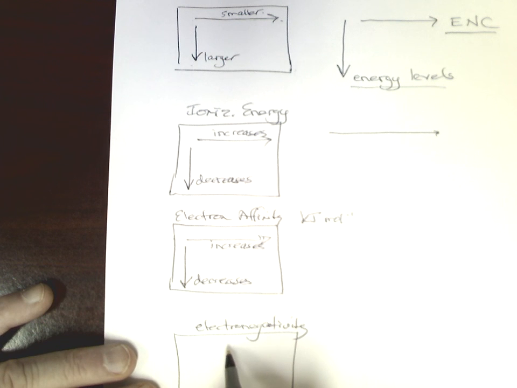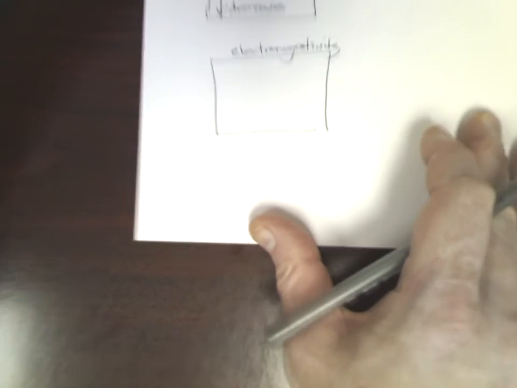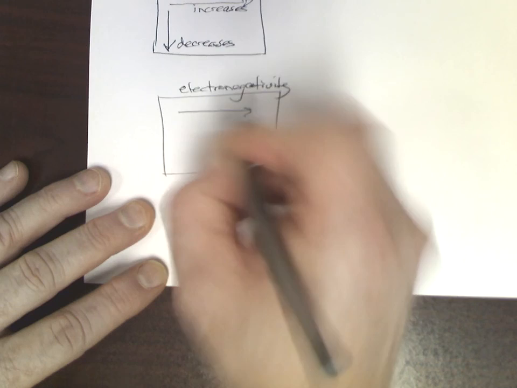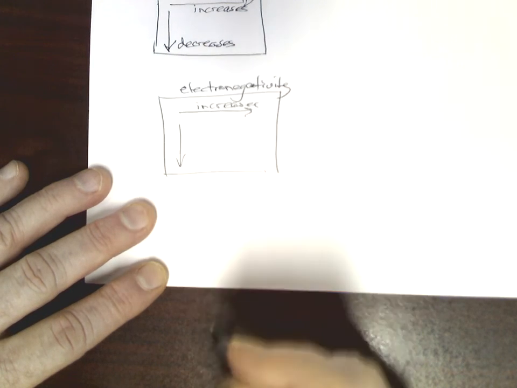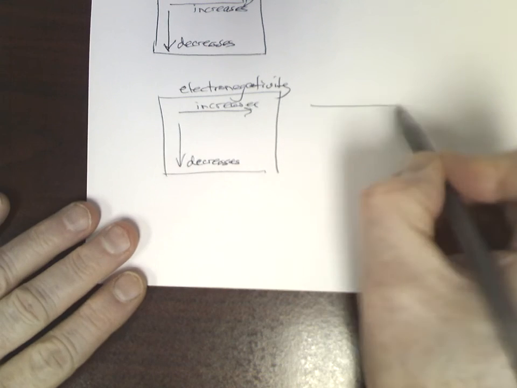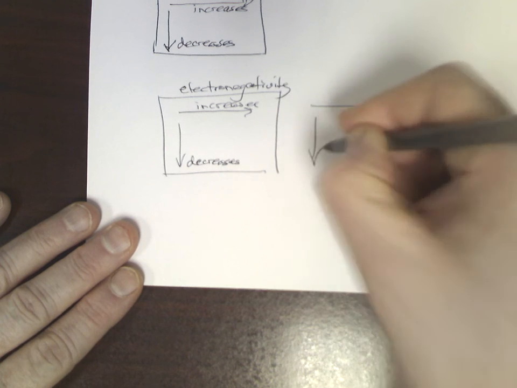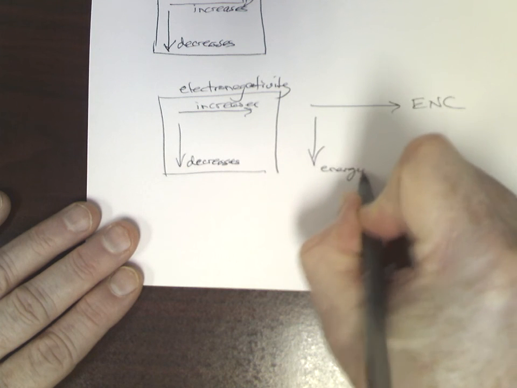Electronegativity, on the other hand, is the pulling of the electrons in a bond towards itself. That said, the trend is exactly the same. Electronegativity increases going across, and as you go down, because of the energy levels, this decreases. Okay, remember your arguments going across are always about effective nuclear charge. Your arguments going down are always going to be about energy levels.